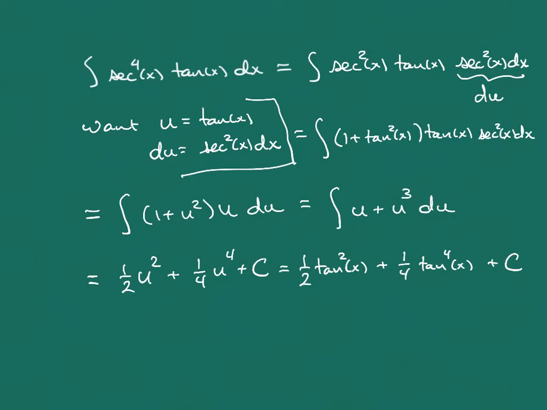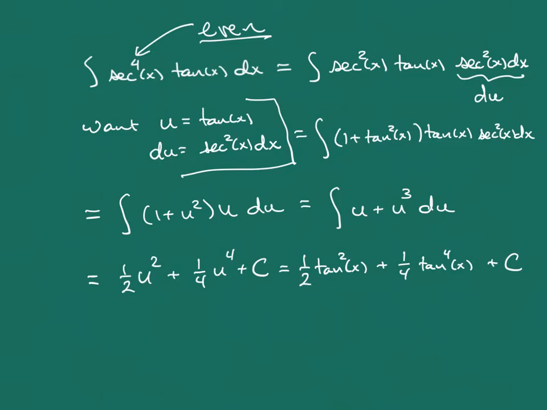And sure enough, that gets us exactly where we want to go. In this case, what made this strategy work was the fact that we had the power on secant being even.